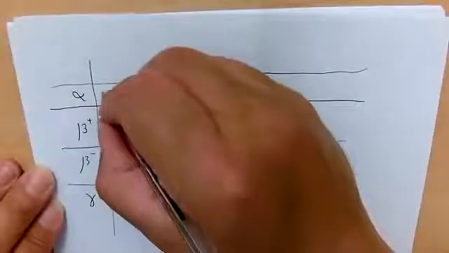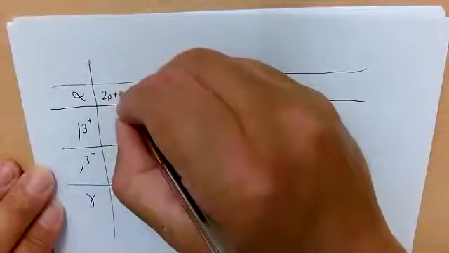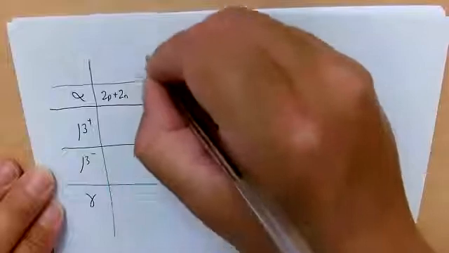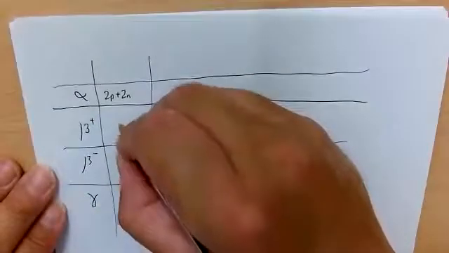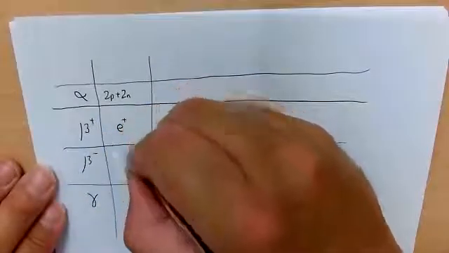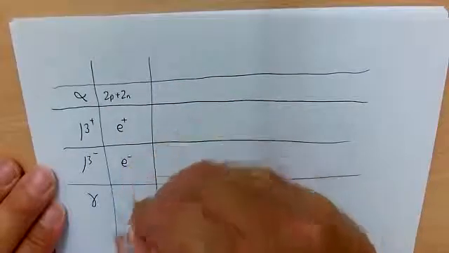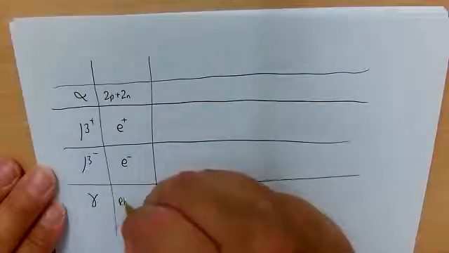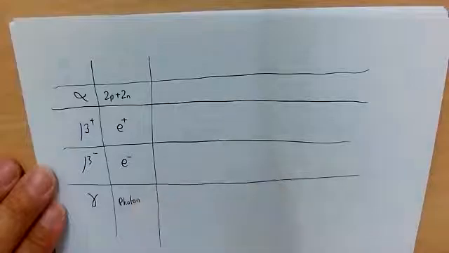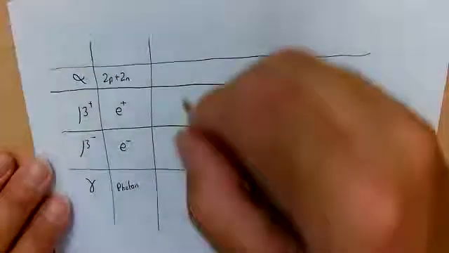So alpha is a particle with two protons and 2 neutrons. Beta plus is a positron. Beta minus is an electron. And gamma ray is basically a photon, a high energy photon or particle of electromagnetic radiation.